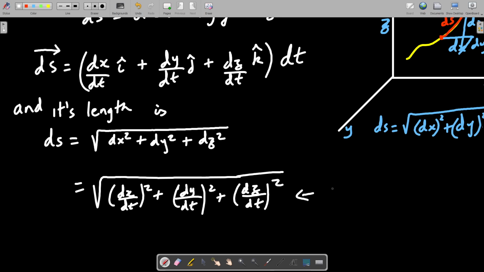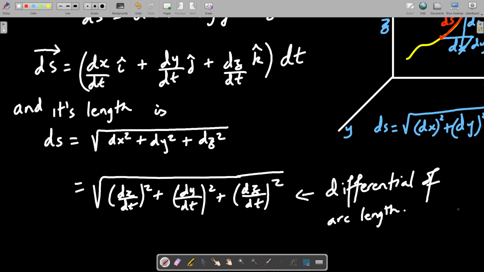This is also called the differential of arc length. Okay, so this is done. So with this we have finished this arc length business.